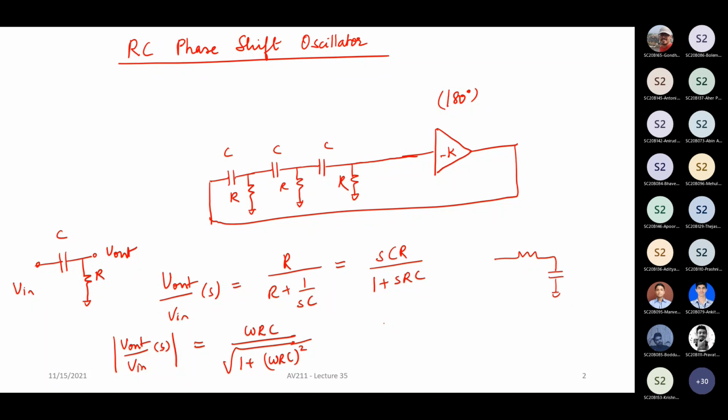Basically, you can write it in terms of j omega and then find the magnitude. So let us say you write it in j omega and you take the magnitude. The numerator becomes omega RC, and the denominator, because the numerator is purely imaginary and the denominator is complex, has something like this.